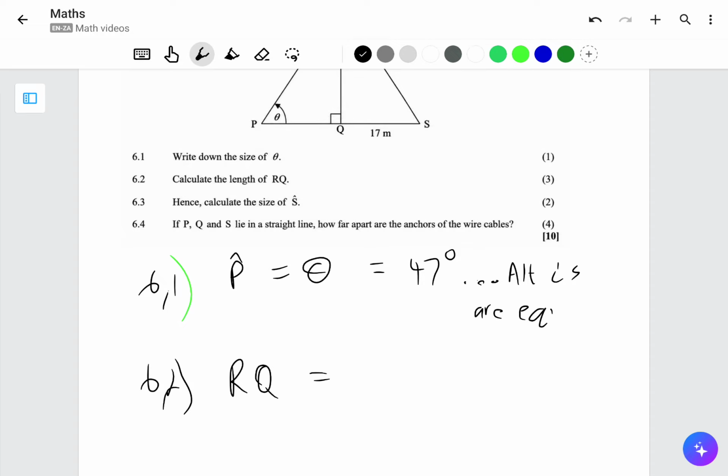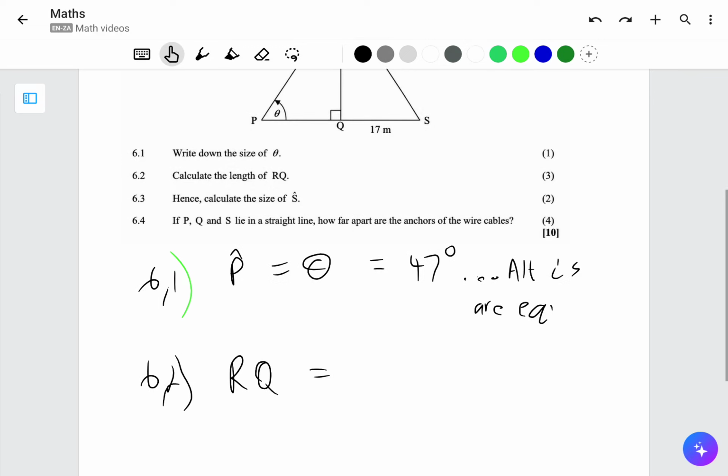We have the angle now, and we want to find the side. So what can we use? Seeing that we have the angle and we want the side opposite the angle, we can use sine.